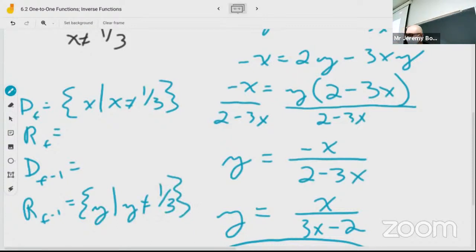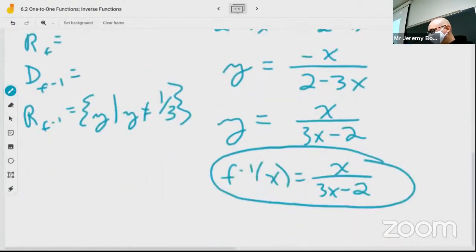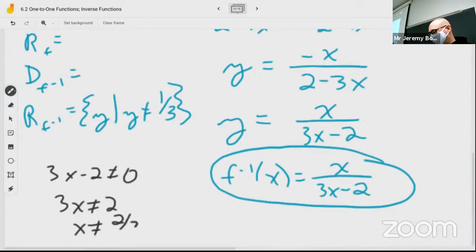What are we going to find next? The domain of the inverse. So to find the domain of my inverse, I know that 3x minus 2 cannot equal 0. So 3x cannot equal 2. And so therefore x cannot equal 2/3.